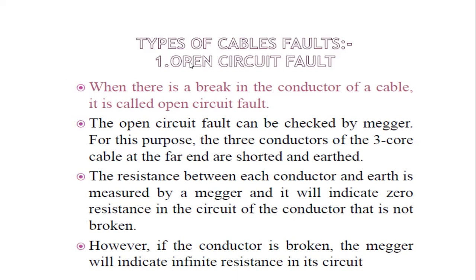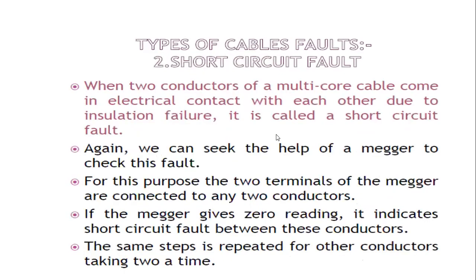Understand? This is the open circuit fault. These faults are obtained when the cable or conductor is broken. Next, coming to the second fault, that is the short circuit fault.